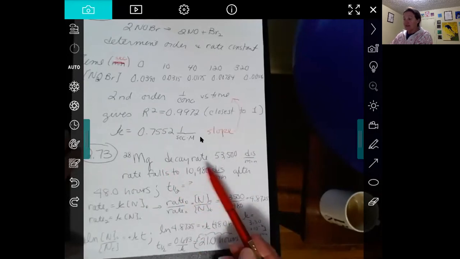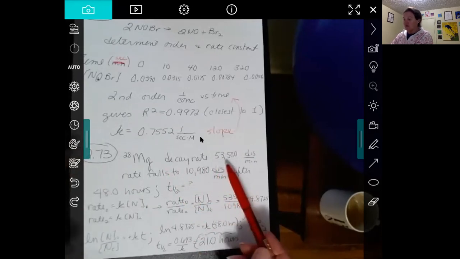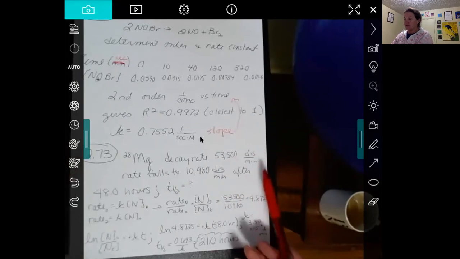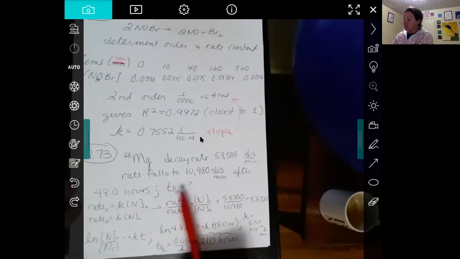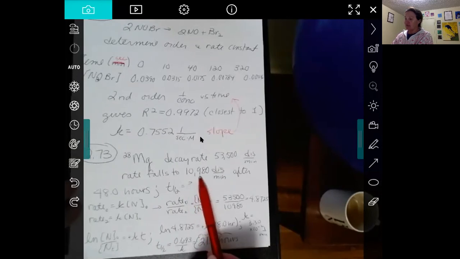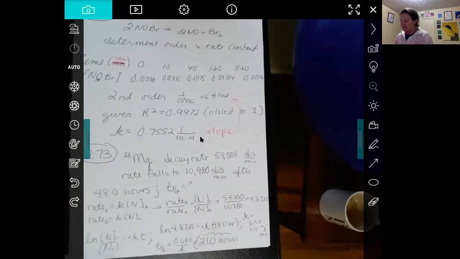And it has a decay rate when you first have the sample of 53,500 disintegrations per minute. That means that many nuclei disintegrate every minute. But then after 48 hours, that rate falls to 10,980 disintegrations per minute.